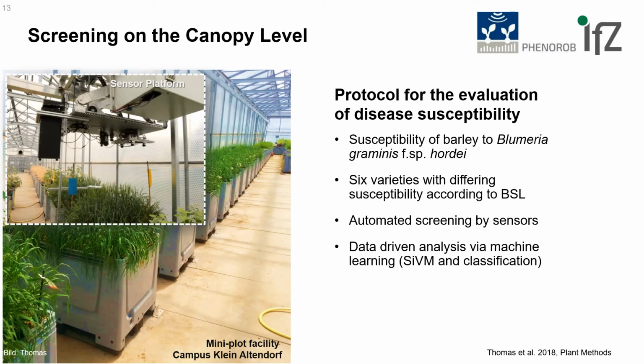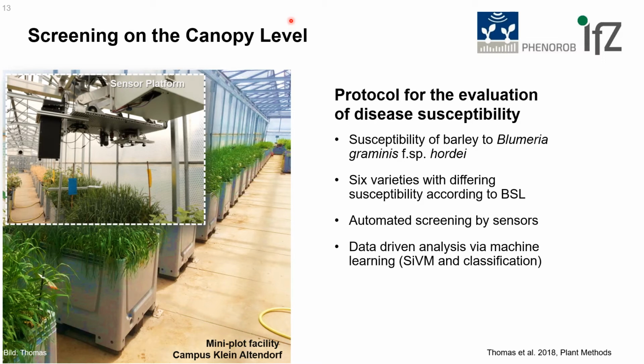Another approach to address this challenge is data-driven analysis. To test the potential of data-driven analysis like SiVM and classification, we prepared a screening scenario on the canopy level from greenhouse data. The experiments were performed at mini-plot facilities at the campus Klein-Altendorf, and in the mini-plots, 6 different barley varieties with differing susceptibilities against Blumeria graminis f. sp. hordei were cultivated and inoculated with the pathogen.